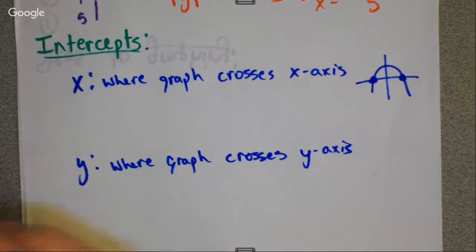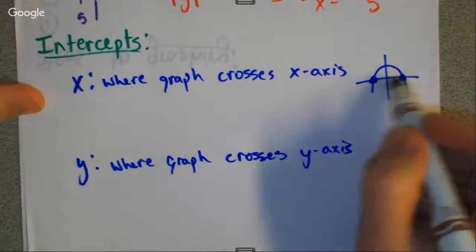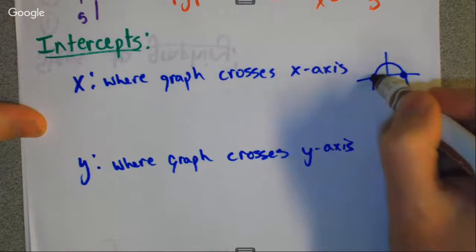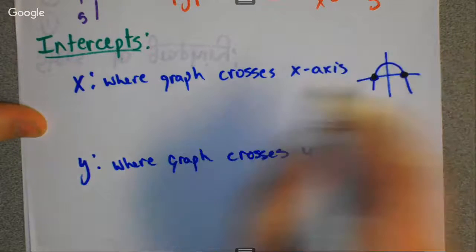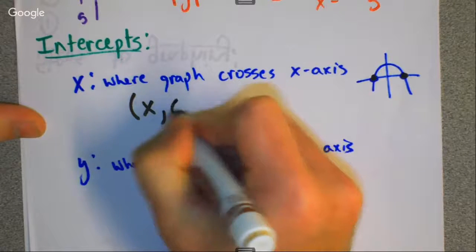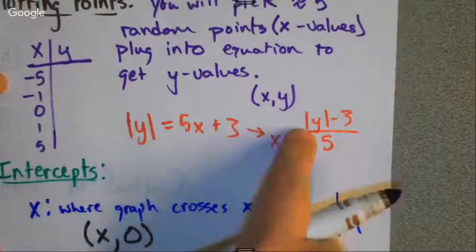Now, the more common way that we will find these is, if you notice on these x-intercepts, I know the y value. The y value has got to be 0 because they don't go up or down any. So we're going to find x when y is 0. We'll plug 0 in my equation for y and figure out what x is.